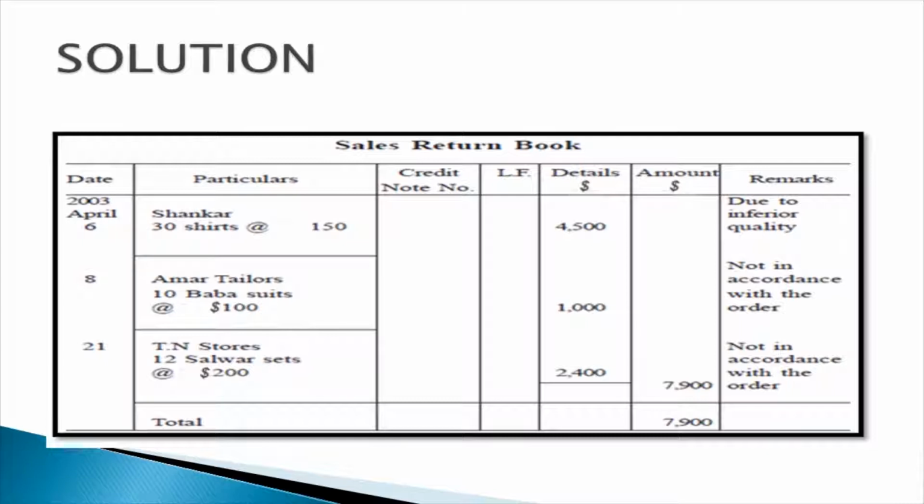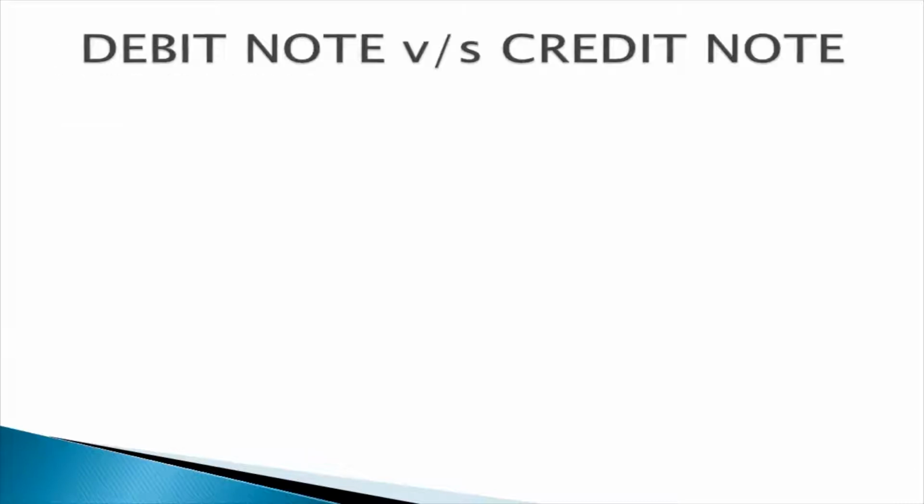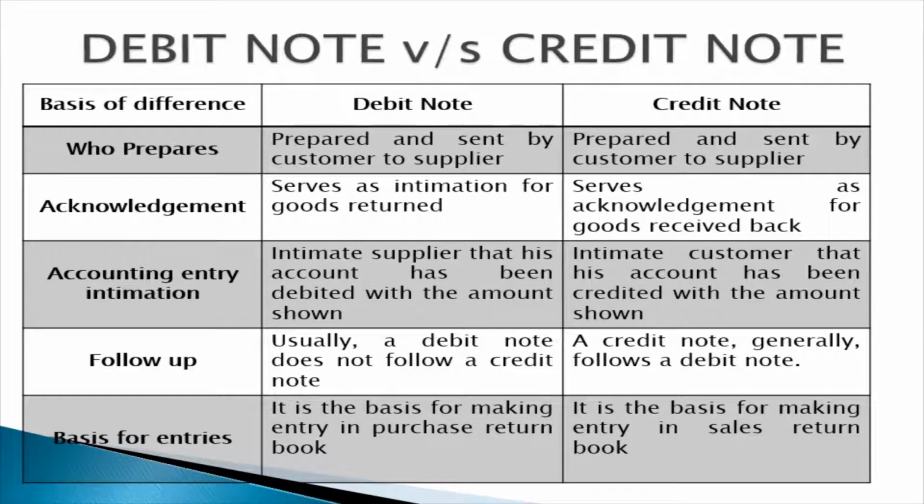As we have discussed the meaning of debit note and credit note, now let's discuss its difference. Now, let's have a look at the difference between debit note and credit note. And the first point is, debit note is prepared and sent by a customer to the supplier. And credit note is prepared and sent by the supplier to its customer.